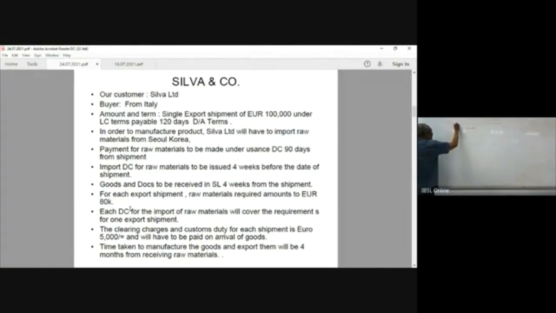This is the shipment date. Right? So the payment for raw materials will be made 90 days from shipment. The LC is in US dollars.